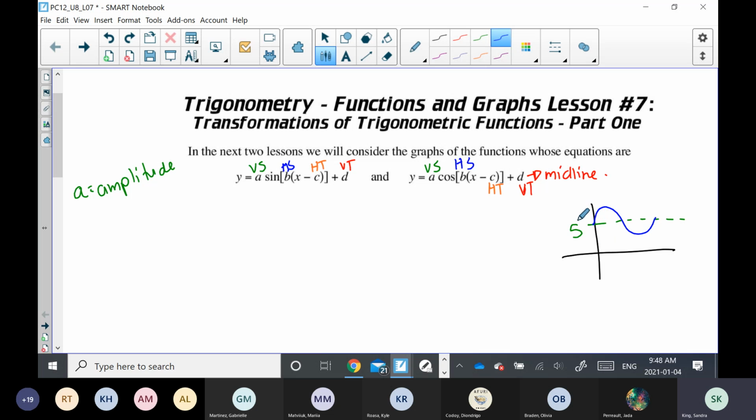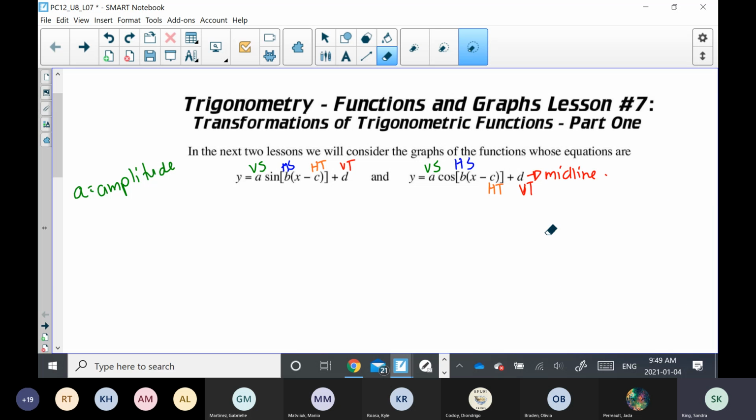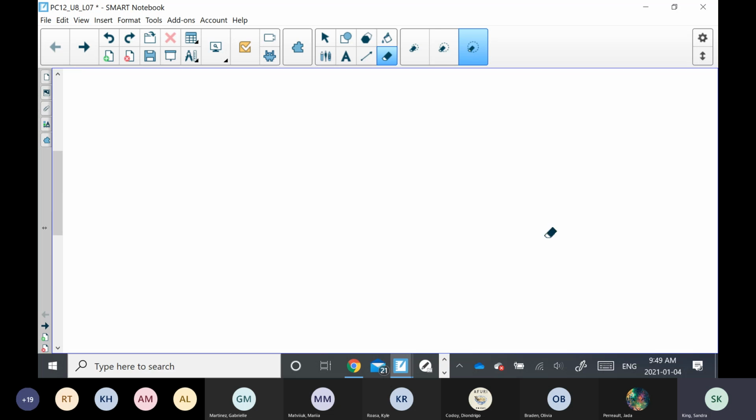What we're going to do in today's lesson is look at the A value and the B value. That's lesson 7. Tomorrow's lesson is going to be on the C value and the D value. So today we'll take care of 2 parameters, and in the next lesson, we will take care of the last 2 parameters.